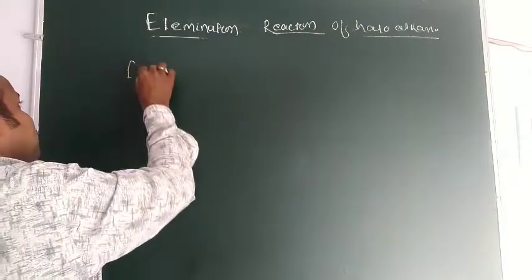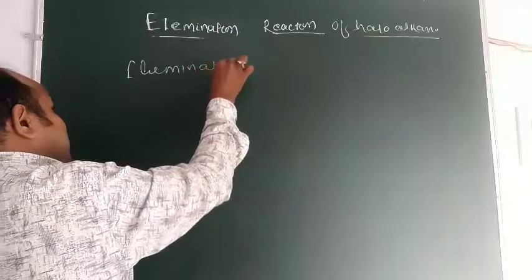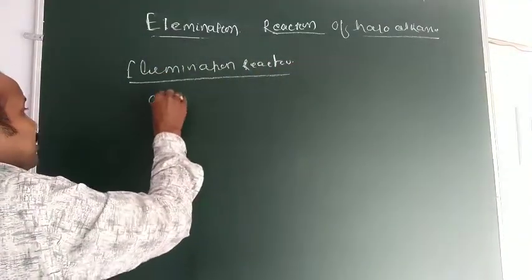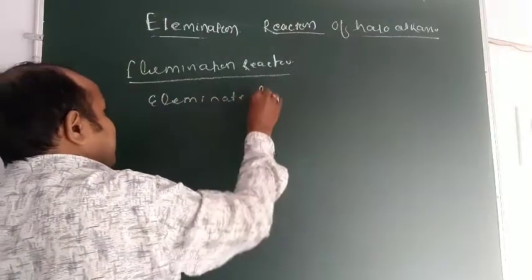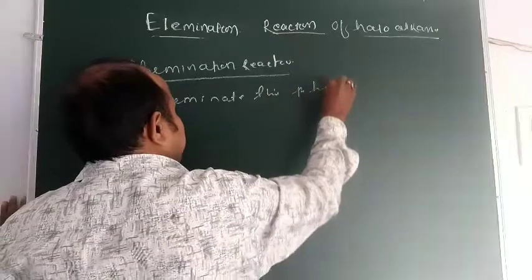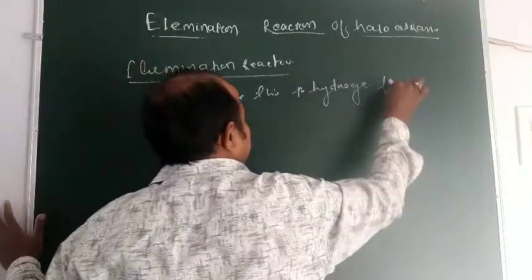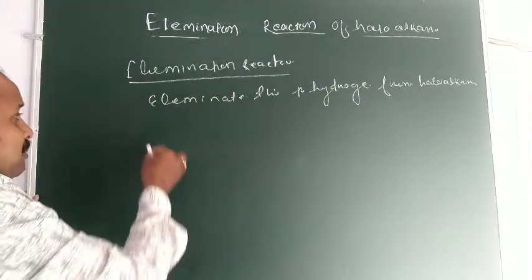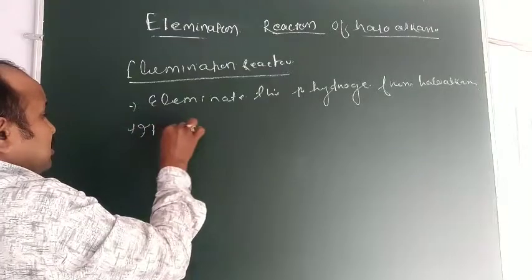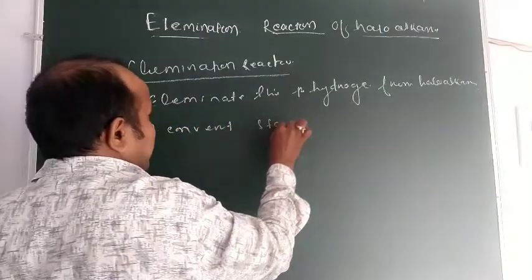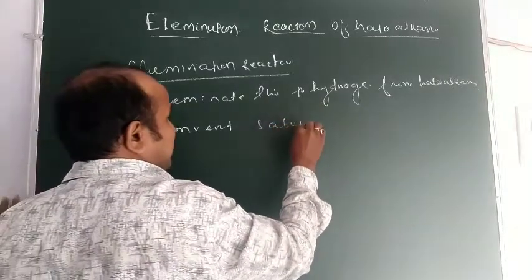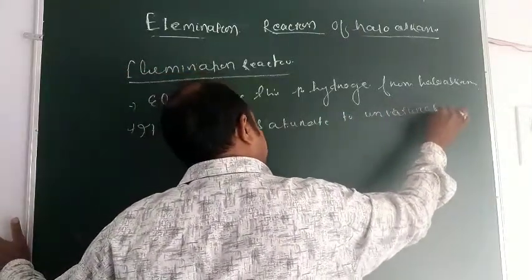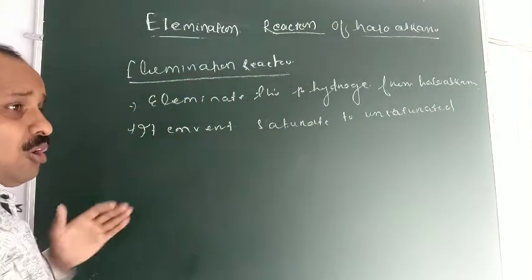In the elimination reaction, first it eliminates the beta hydrogen from the haloalkane. It converts a saturated compound to an unsaturated compound.